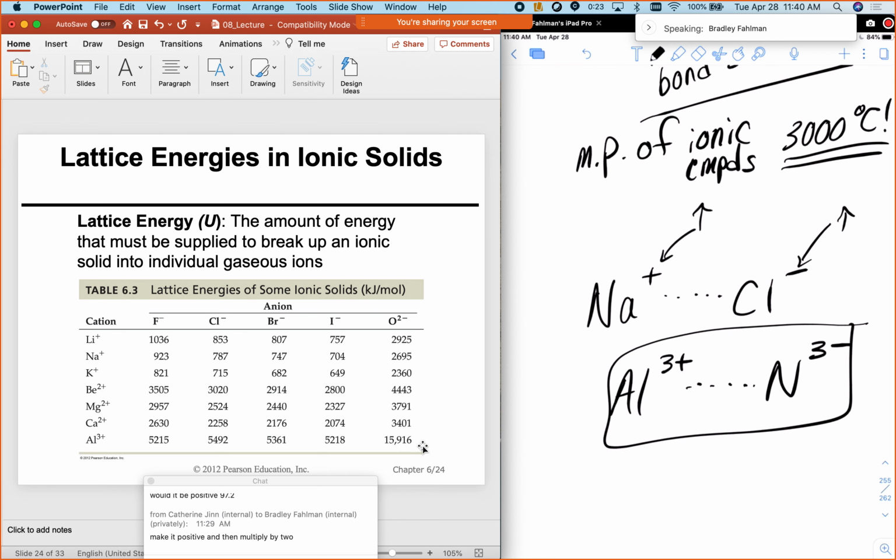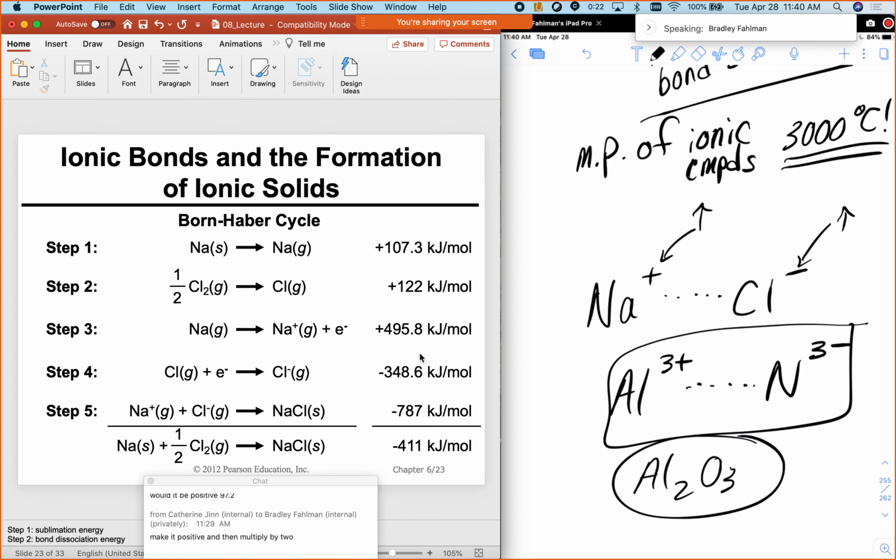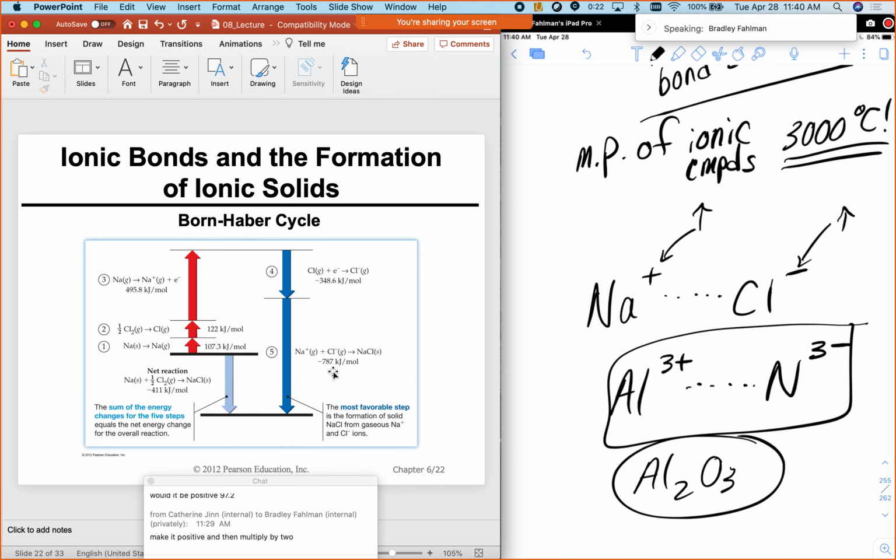And look at the lattice energy: 16,000 versus sodium chloride at 787. Imagine Hess's law applied to form Al2O3, aluminum oxide. This step, instead of being minus 787, would be minus 16,000. So it would be way down here, really exothermic.